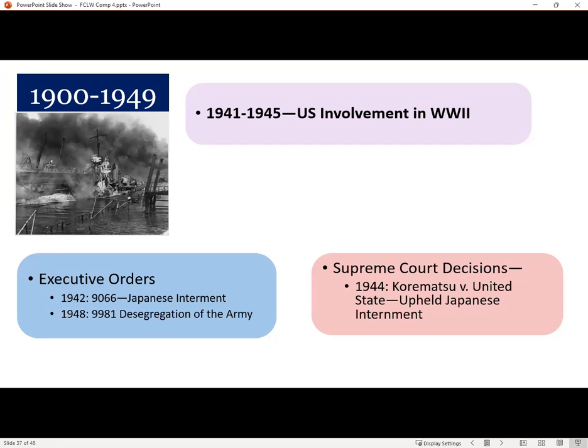So what happened in this time period, again, we said during times of war, what can happen is people's freedoms can be taken away. In this case, it was an executive order, and it targeted Japanese Americans, and they put them in internment camps. They felt that they lived on the California coast, they could be helping the Japanese.